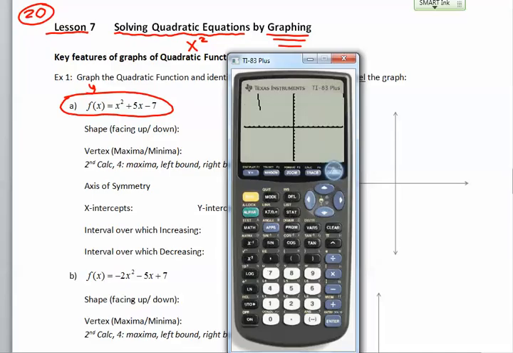Go ahead and hit graph. Again, if your zoom is all messed up, just hit zoom 6. Should take you to a standard zoom.